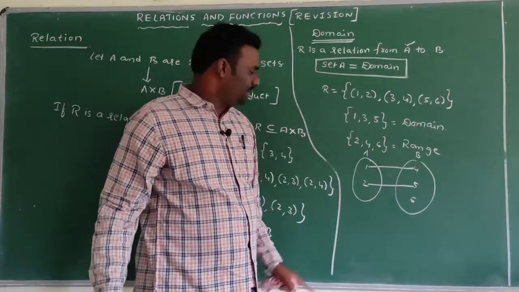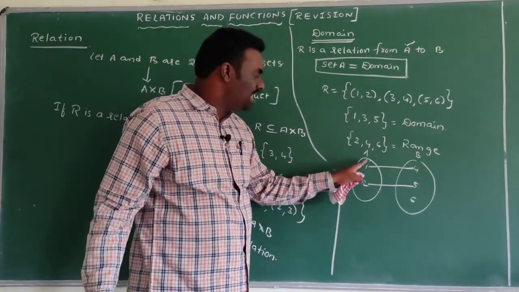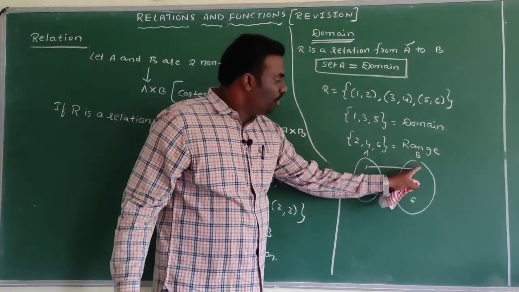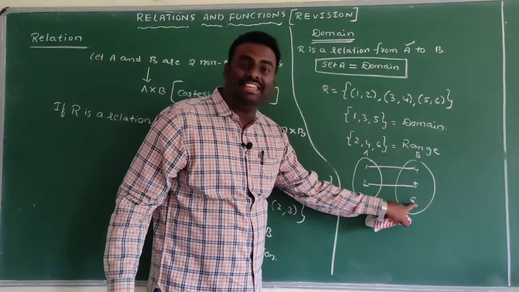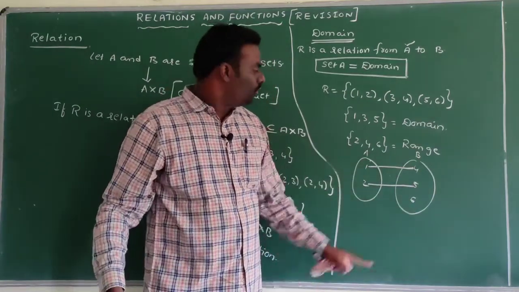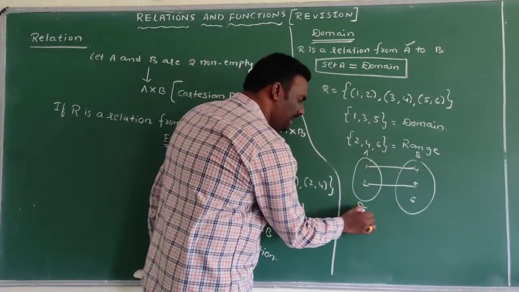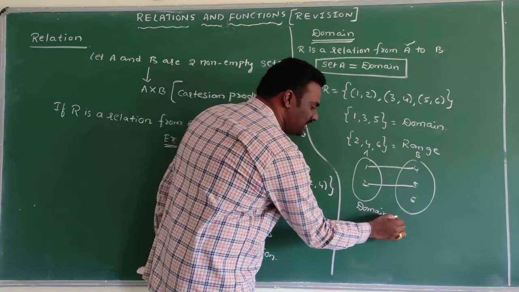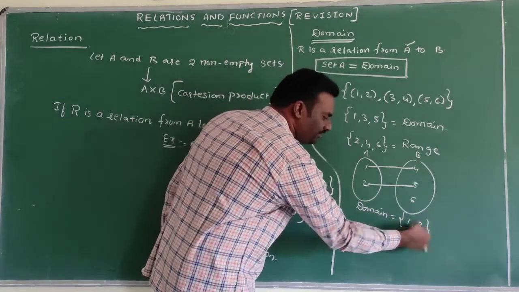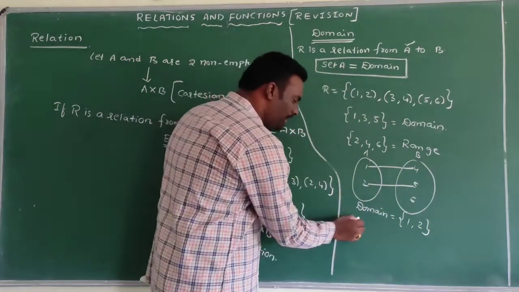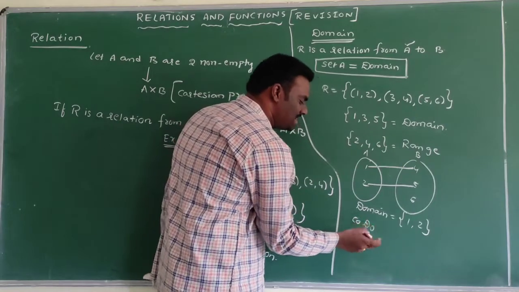So 1, 2 is the domain. 4, 5, 6 is the codomain. 4, 5 is the range. So listen, domain is nothing but the first set. Codomain is nothing but the second set.